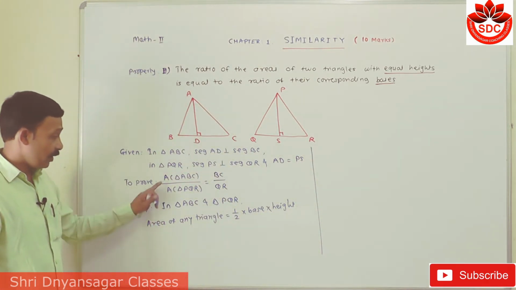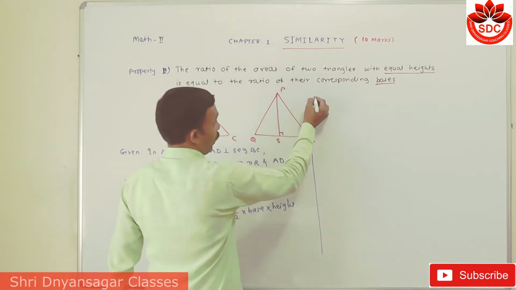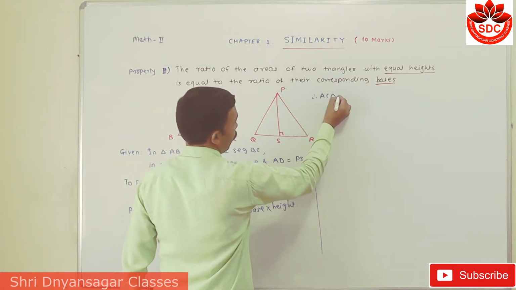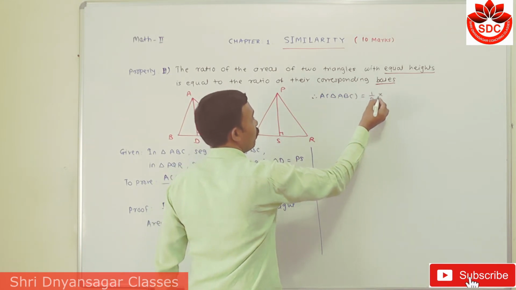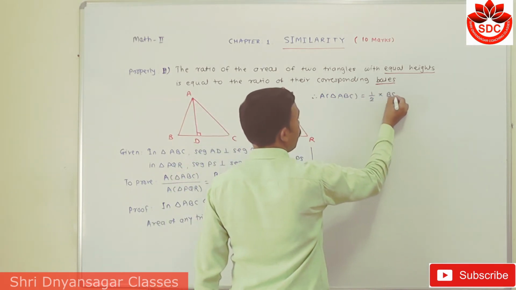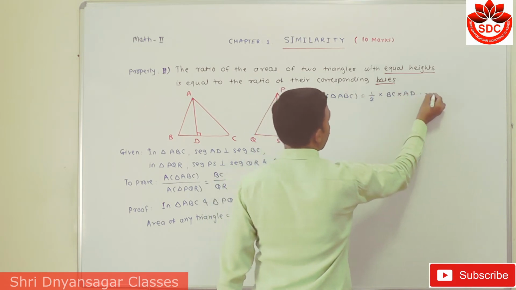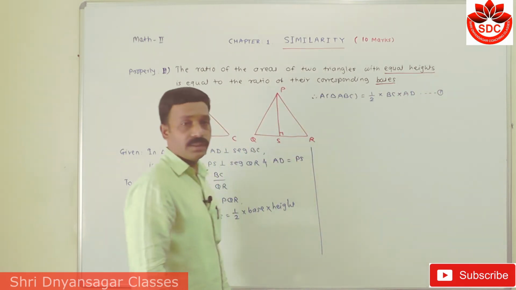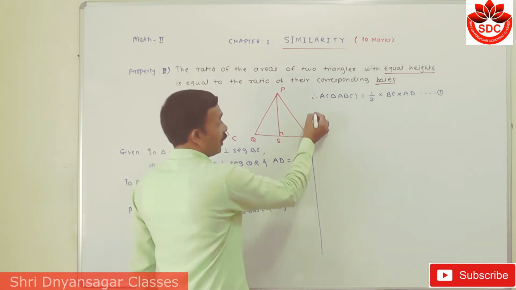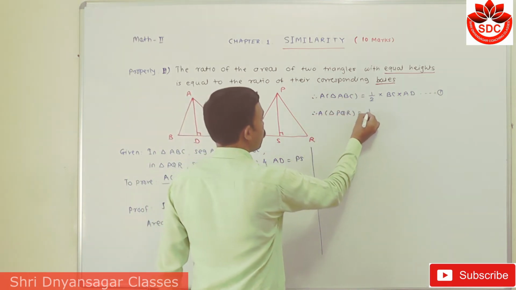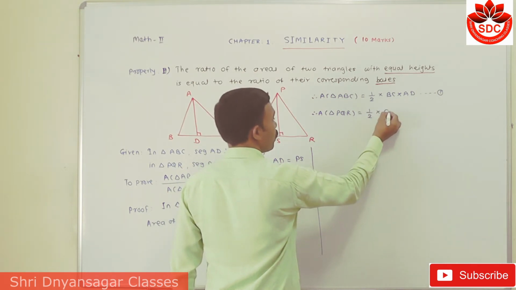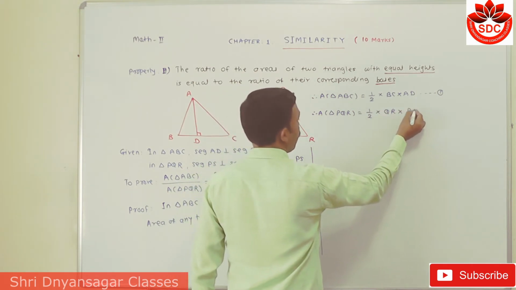Now we take the first triangle ABC. Area of triangle ABC is equal to half into base of this triangle, BC, and height of this triangle, AD. This is equation number first. Then we take the area of the next triangle. Triangle PQR is equal to half into base QR into corresponding height PS.